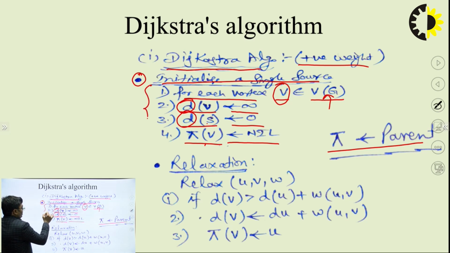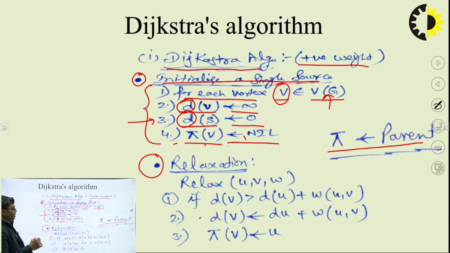This whole process is called initialize a single source, which means we have initialized a source S whose distance is initialized as 0, and all other vertices are initialized as infinity, and there is no parent node of any vertices. The second part is relaxation.